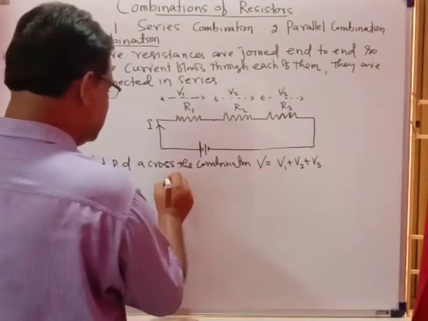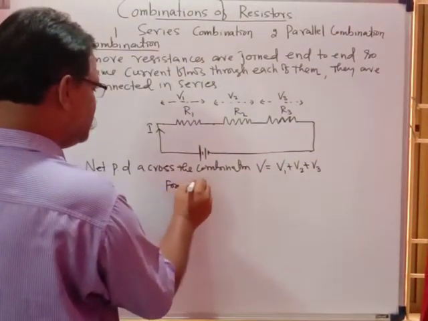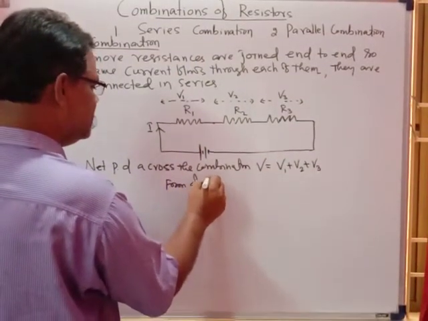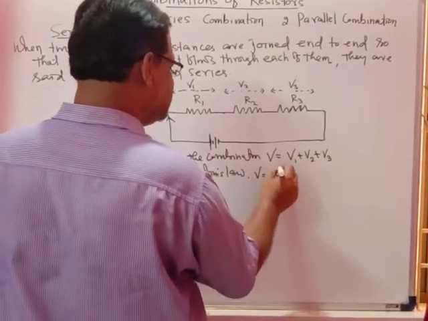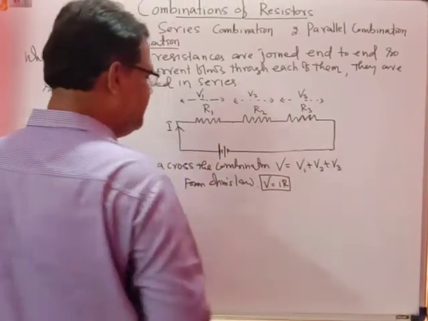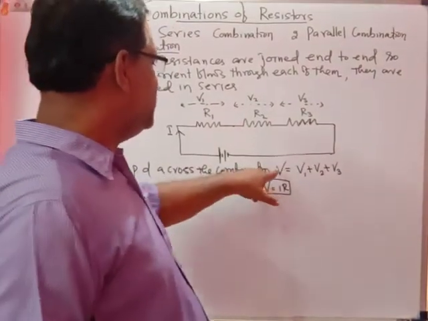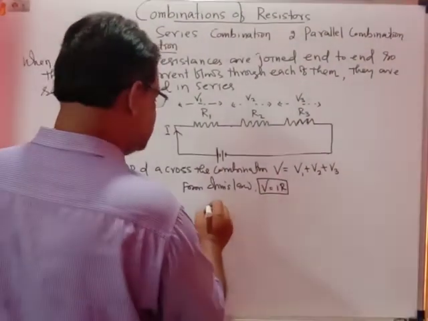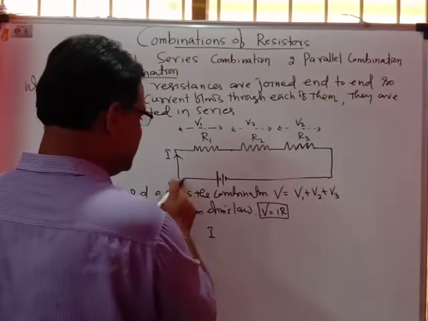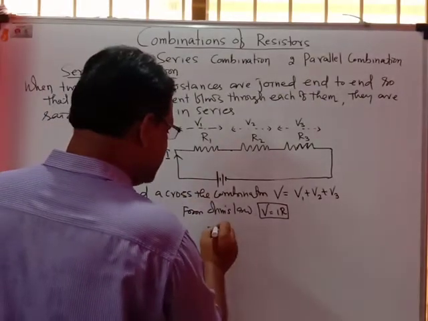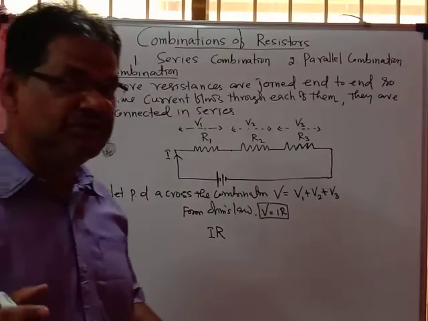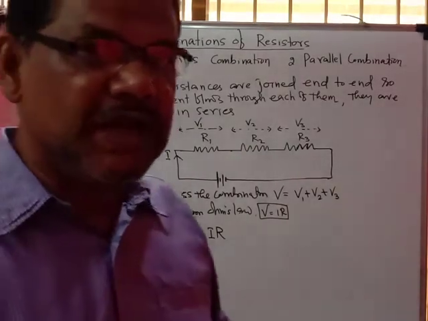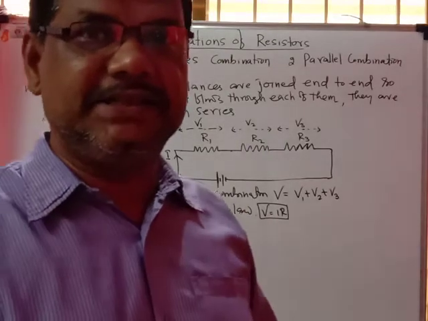And from Ohm's law, we know V equal to IR. Use this formula. So what will be the net PD? The net PD will be equal to the net current, the total current which is drawn, into the net resistance, that is the capital R. Net means the total resistance, that is the equivalent resistance.